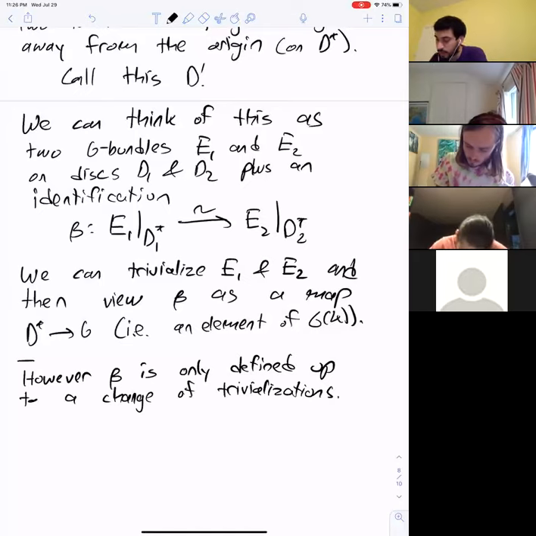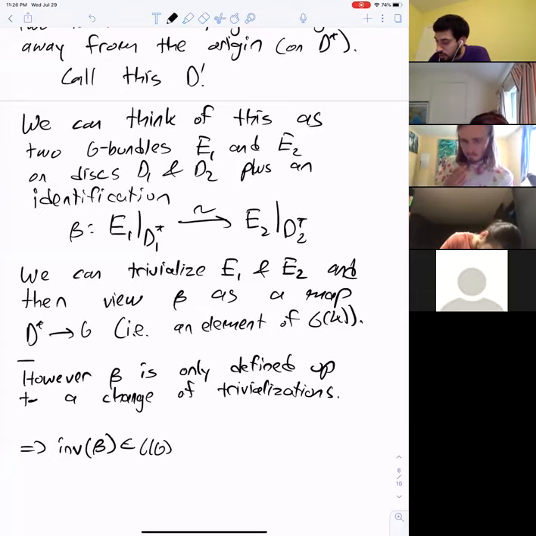So really what we get, I'm going to call this inv beta, is an element of the double cosets GO\GK/GO.